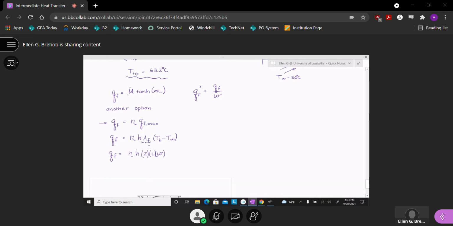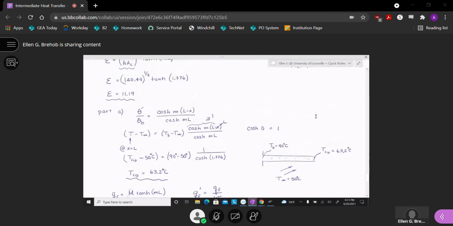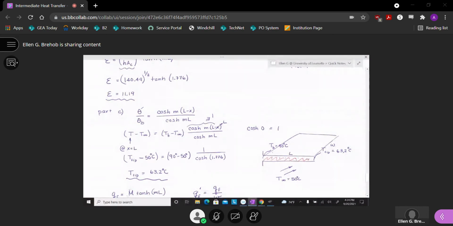And I usually like to think about that. So I'm going to scroll up to my picture again and think about this fin area. Well, we could just go right here. Okay. So this fin is really, really long in this width direction. So this is an L times a W gives me the top surface of the fin, and another L times W for the bottom surface of the fin. If it's really long, I'm neglecting this surface area, and on the back face too.